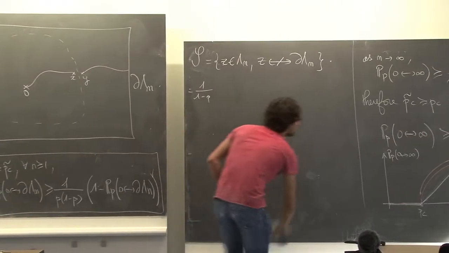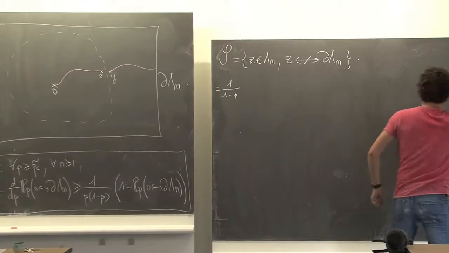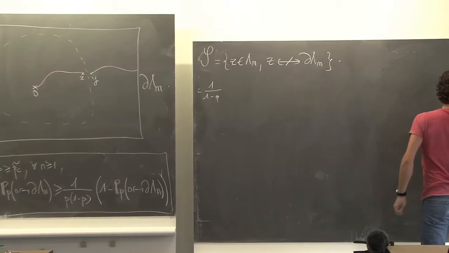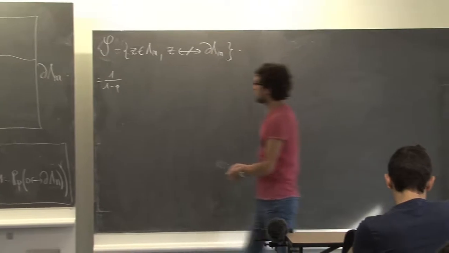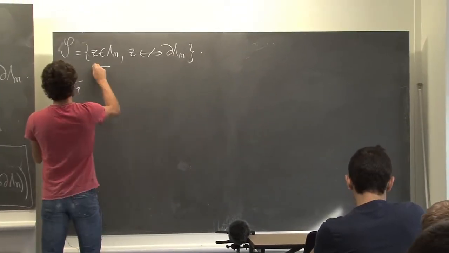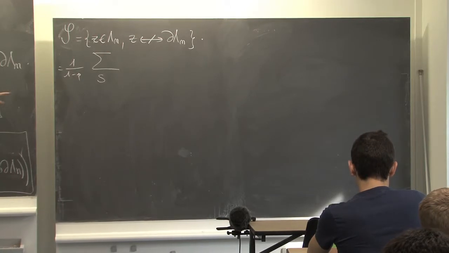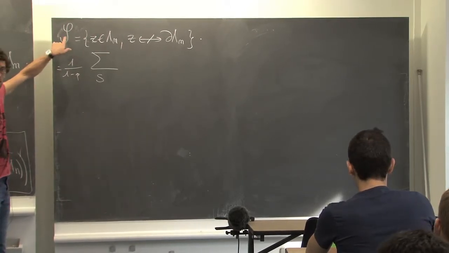I'm going to use the whole line. So it's 1 over 1 minus p. I'm going to decompose on the set S, the possible values of the set S for capital S.